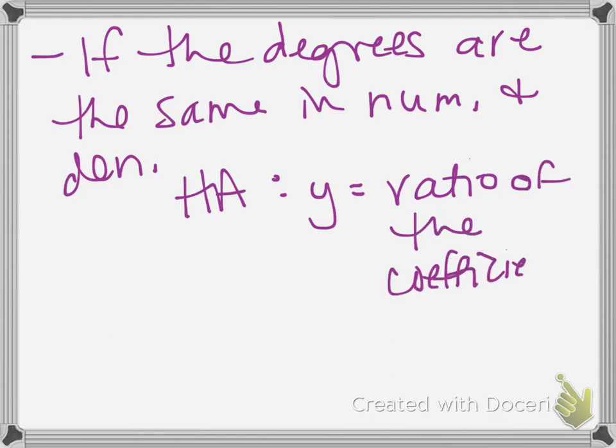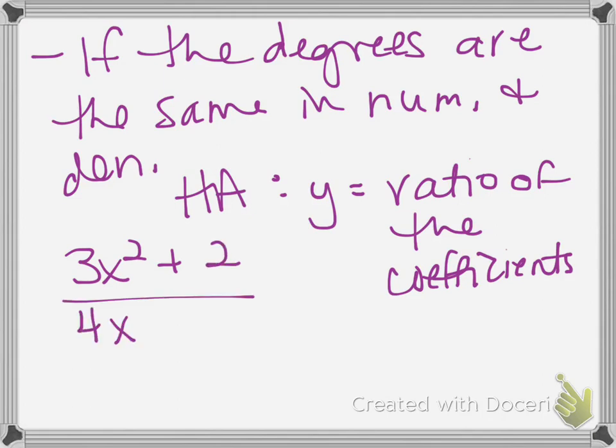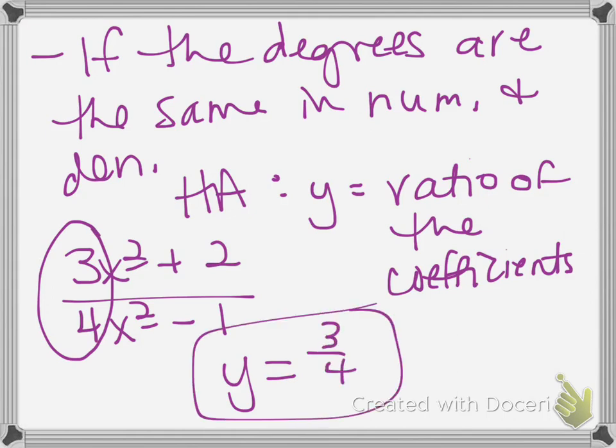So for example, if I had 3x squared plus 2 over 4x squared minus 1, my degrees are the same, so then my horizontal asymptote will be y equals 3/4. You just take the coefficients of the variable with that same degree.